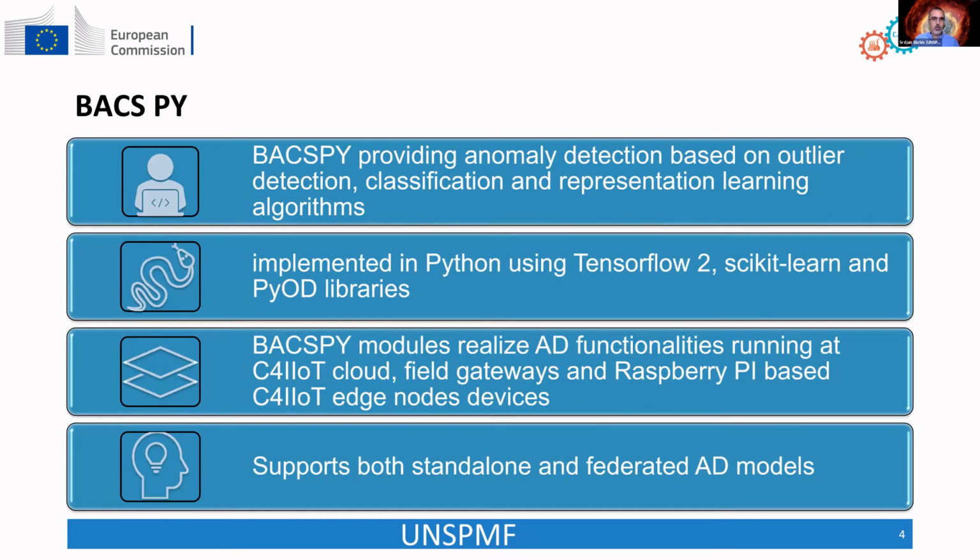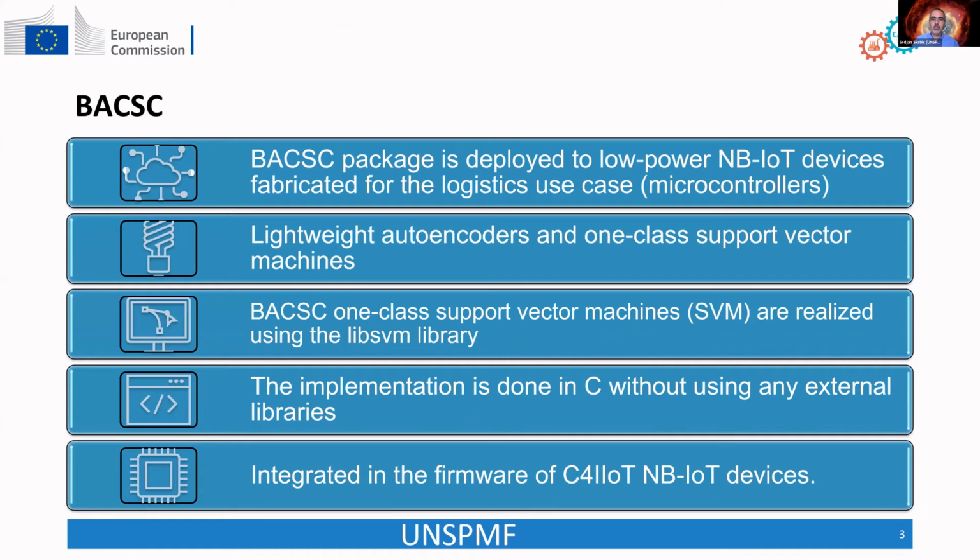What's inside are some routines written in pure C without using any libraries, and an implementation of the autoencoder. The autoencoder is one model of neural network known to show good results in outlier detection scenarios, but this one is lightweight. It only has one hidden layer, so we could not call it a deep neural network.